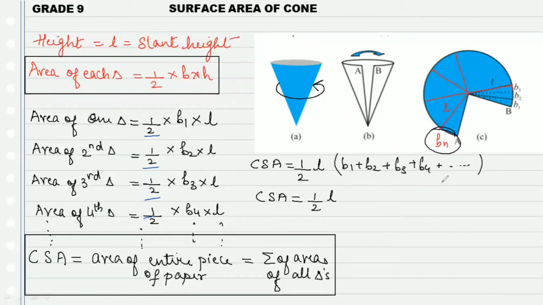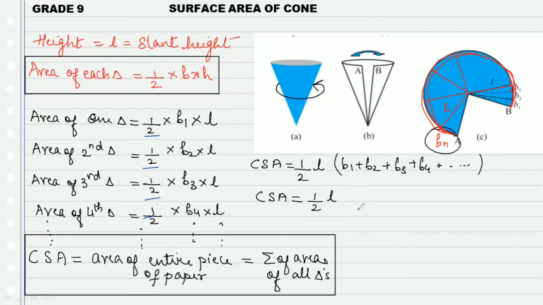Now B1, B2, B3, अगर आप ये सारे bases को add कर दो बच्चों, okay, if you just add all these bases, B1, B2, B3, B4 up to Bn, you will actually get the curved surface, right? So you will get this curved area. That means you are actually covering the curved boundary of the sector.